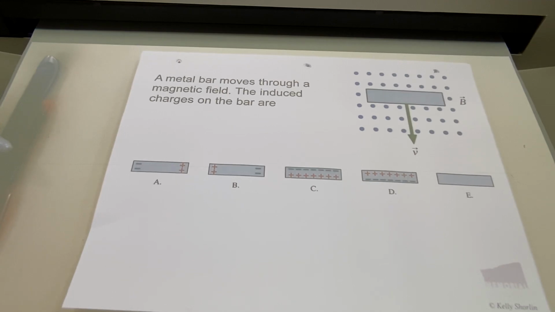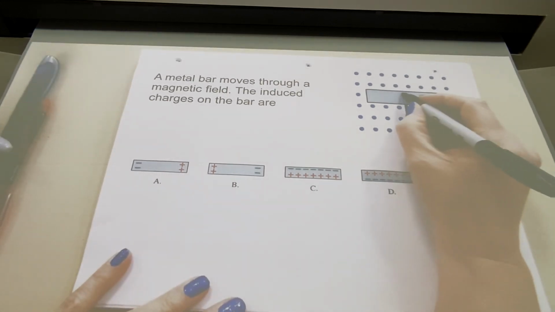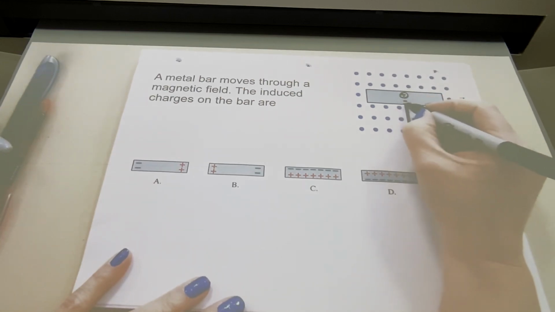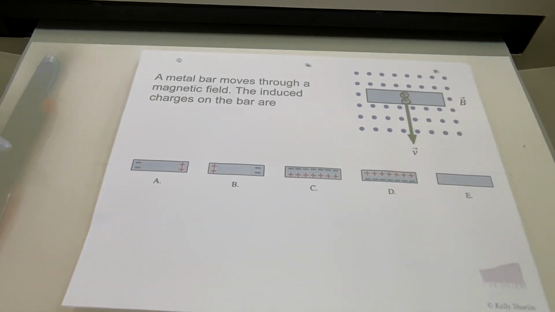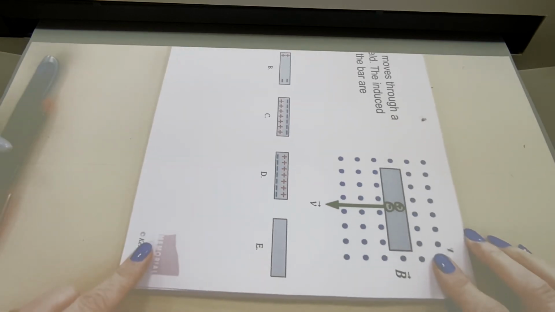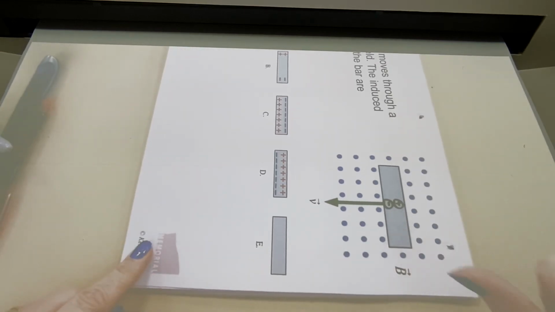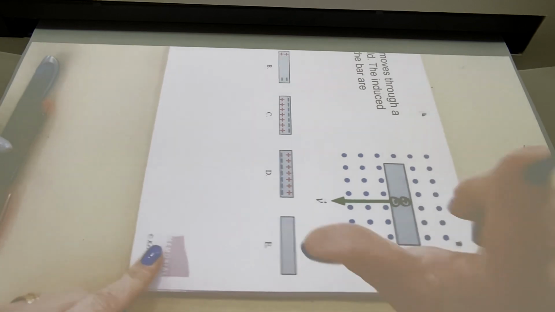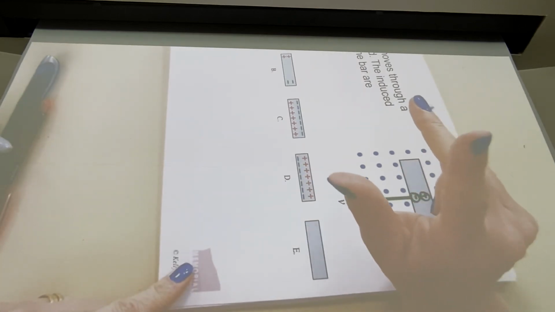Nobody wants to say. So if you don't want to say, then I'm just going to work through the process. So our wire has positive and negative charges. That's our conducting bar. It's moving in a magnetic field, so it feels magnetic forces. We'll apply our right-hand rule. So we know that the force is QV cross B. I'll think about a positive charge. My V is this way, my B is out of the page, my force is this way.